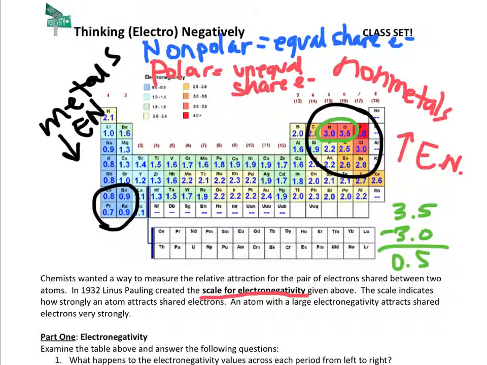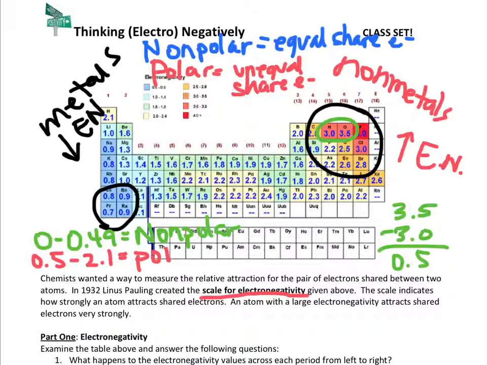We need to keep in mind that if the electronegativity difference is 0 to 0.49, that is a nonpolar bond, meaning that those electrons are being shared fairly. If we have an electronegativity difference between 0.5 and 2.1, that is a polar bond.